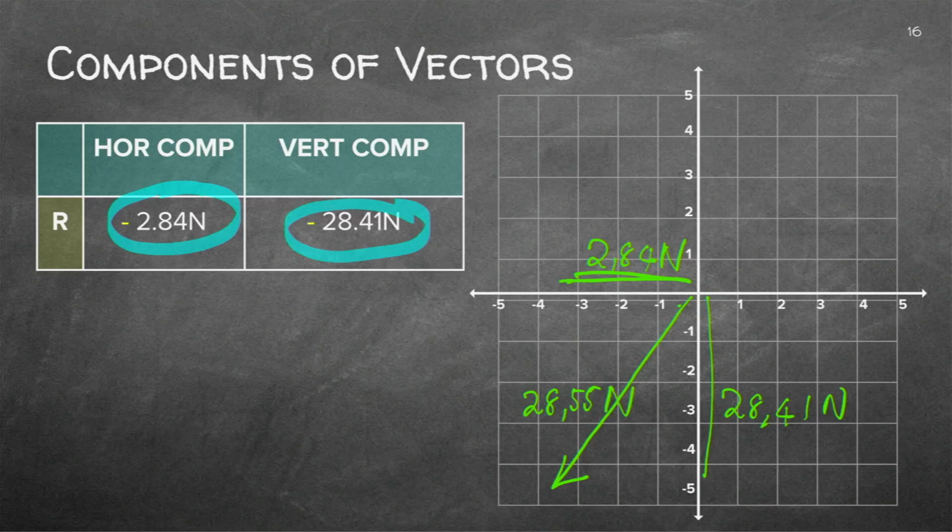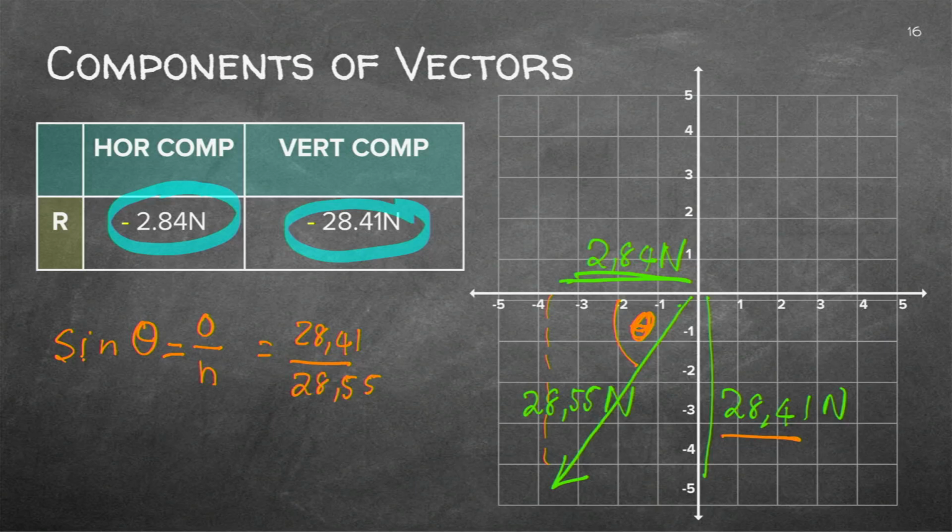This will now give me the opportunity to work out the angle. We could say sine of, let's say, that angle. Sine of that angle would be the opposite over the hypotenuse. Opposite to this angle would be that side there, which is 28.41. And you know the hypotenuse is 28.55.